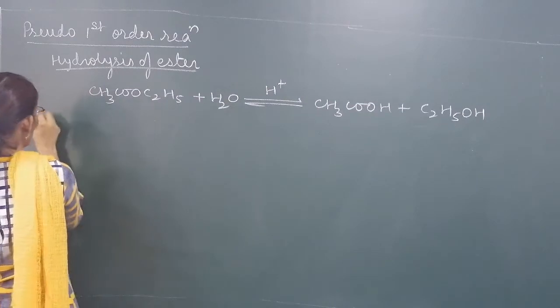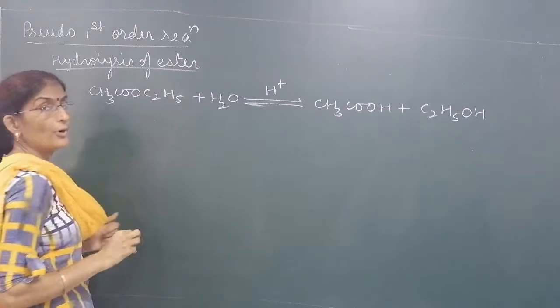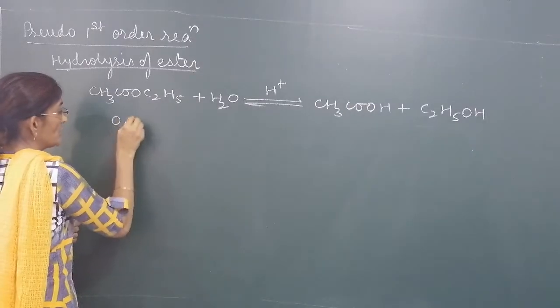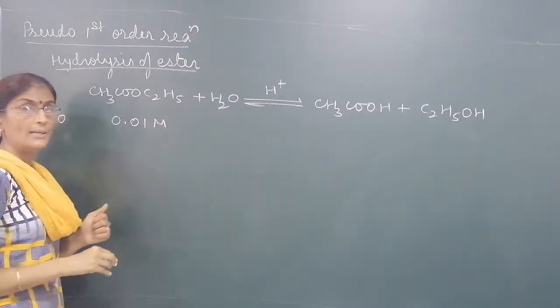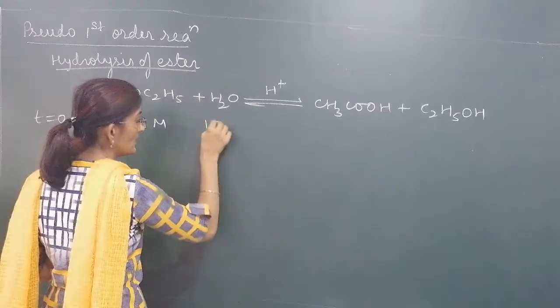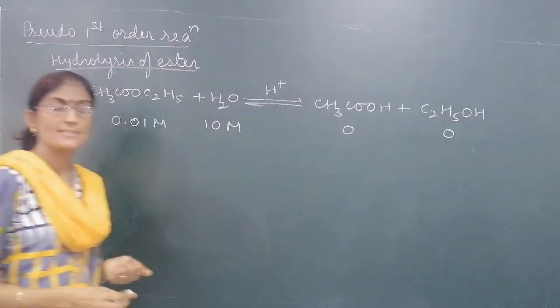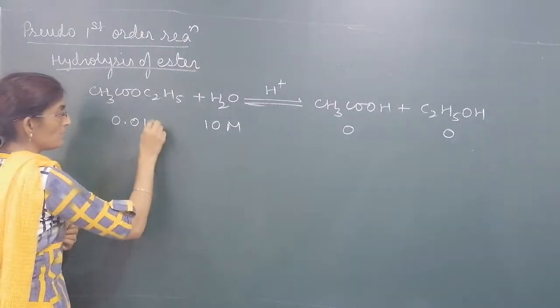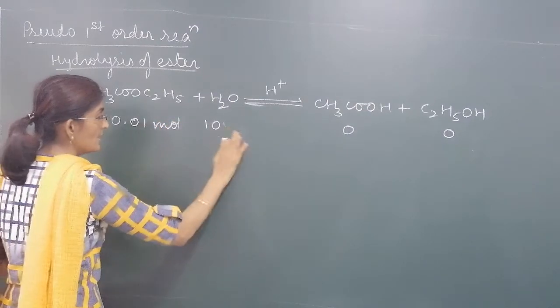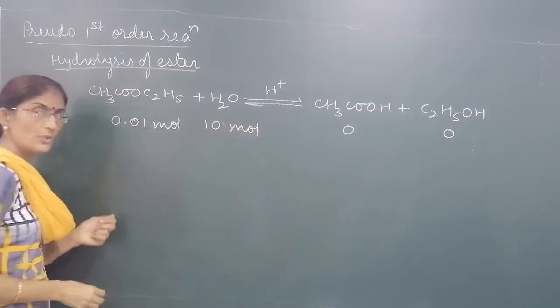Suppose initial concentration of ethyl acetate is 0.01 molar and that of water it is suppose 10 molar. Then these will be 0 initially, only reactants are present. Suppose we took 0.01 moles of ester and 10 moles of water for the reaction.